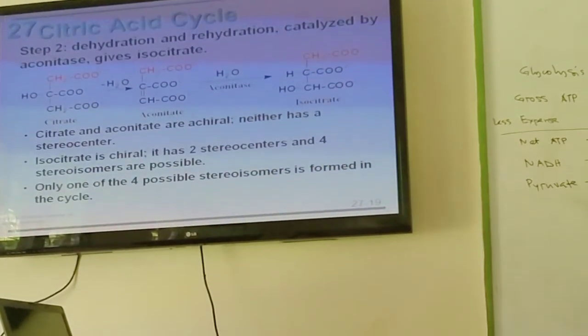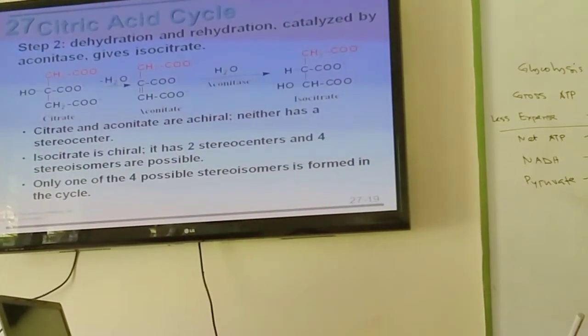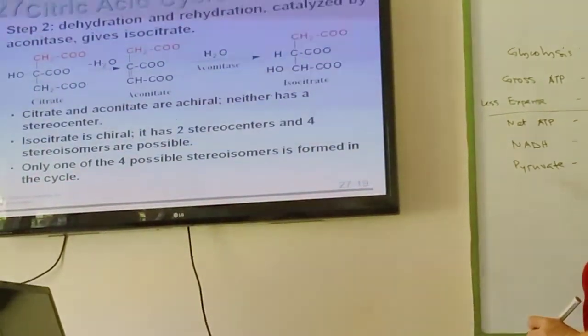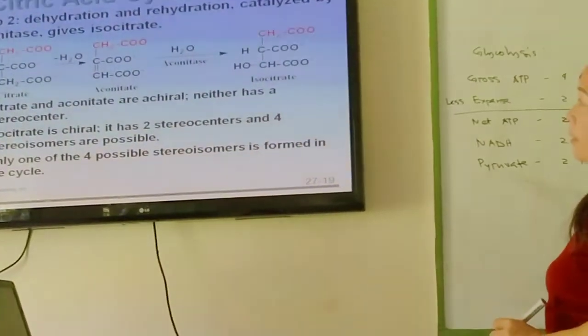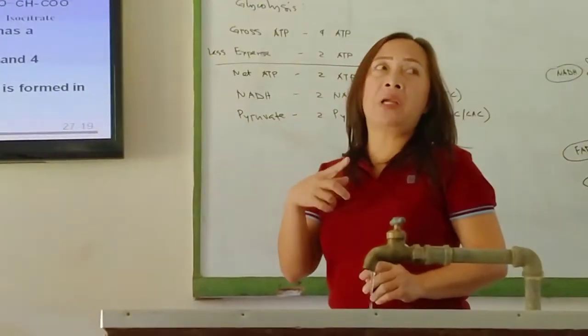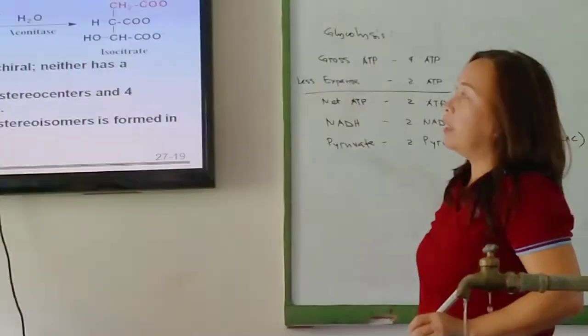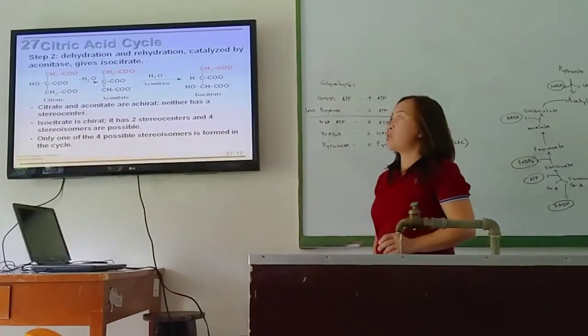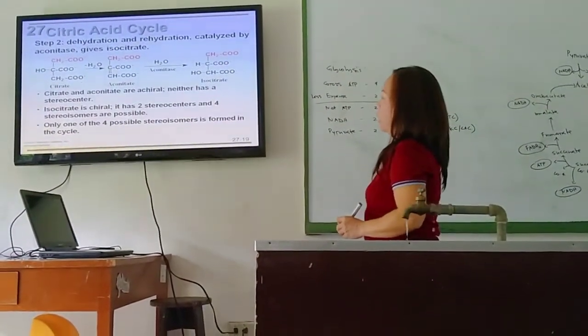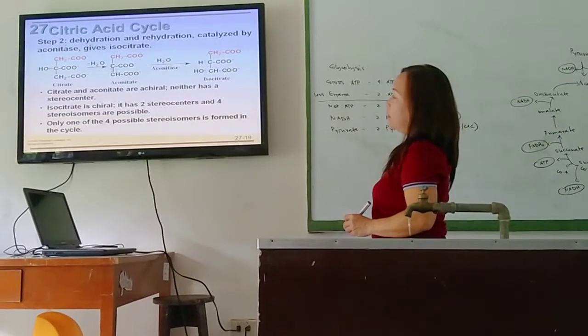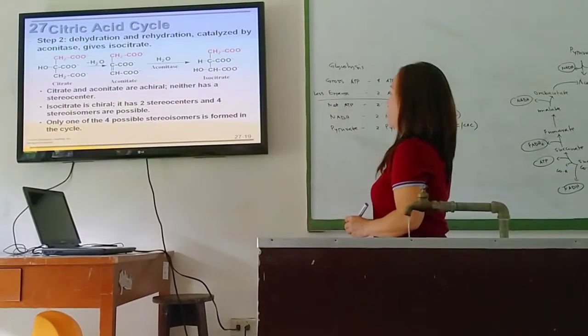So let's continue on step 2, which is dehydration and rehydration. When we say de, it means removal of hydrogen. Re means addition. Catalyzed by aconitase, it gives isocitrate.